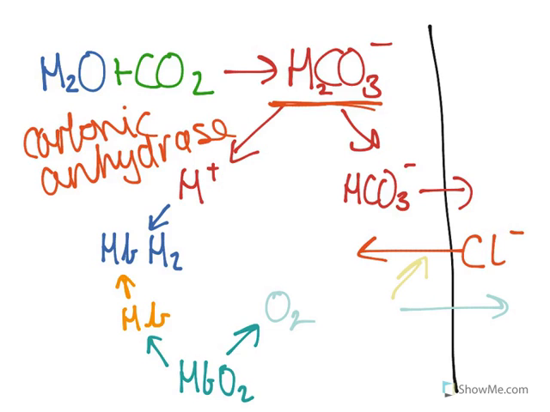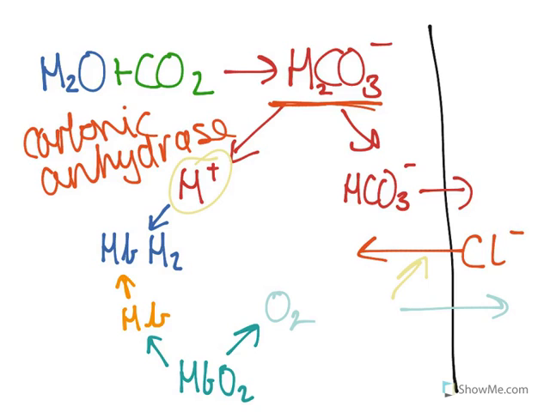So then what happens is that oxyhemoglobin releases oxygen, so there's just hemoglobin around. But because there's a build-up of H plus ions, it can get too acidic for the cell, which could damage the cell.